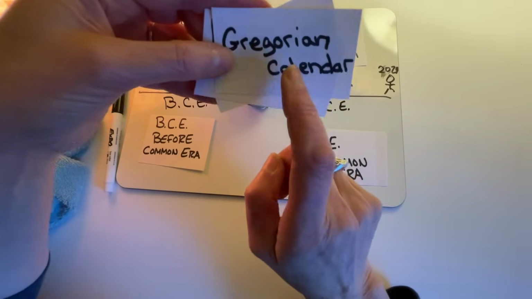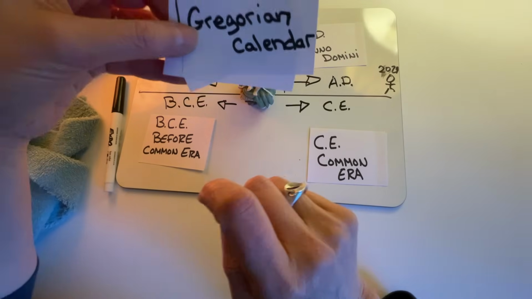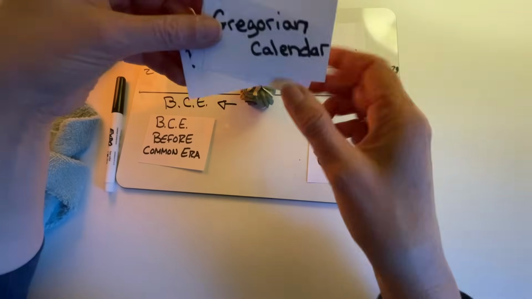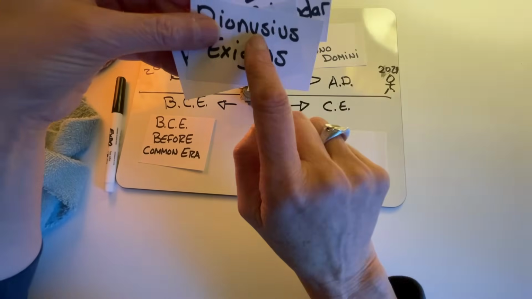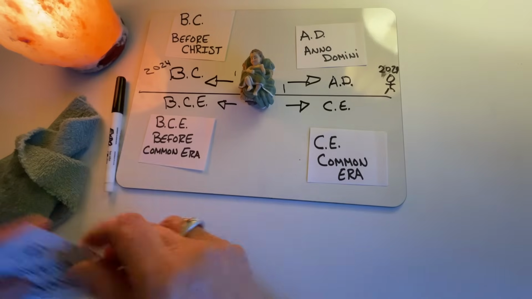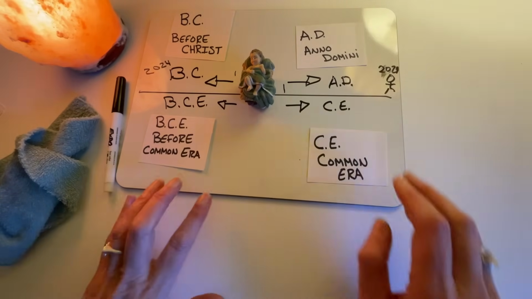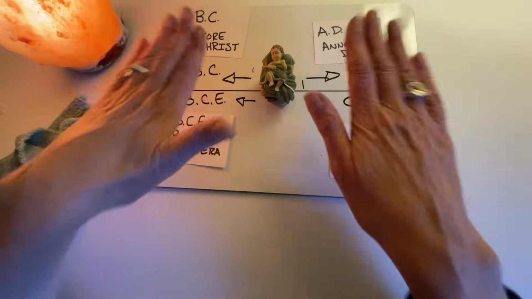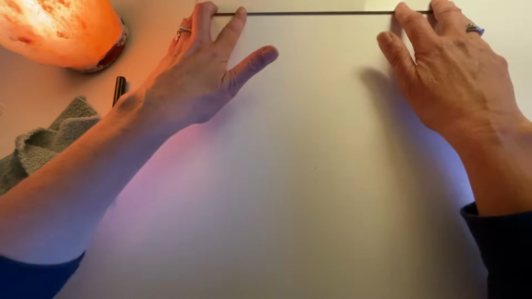I should have written that down, but I don't have it written down. So this was quite a bit after this guy. This was a ways in between these two. Okay, so we're dealing with the Gregorian calendar, and we know BC and AD.